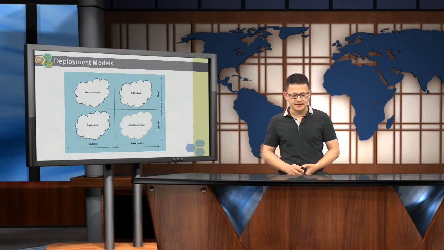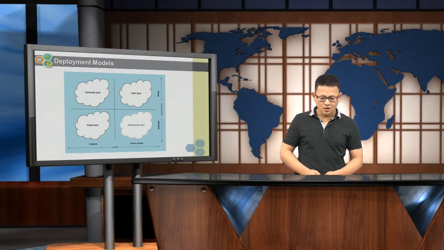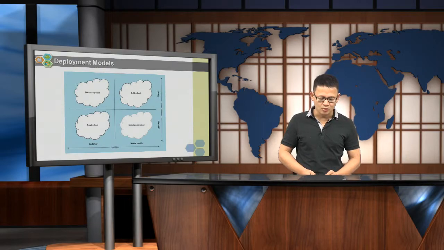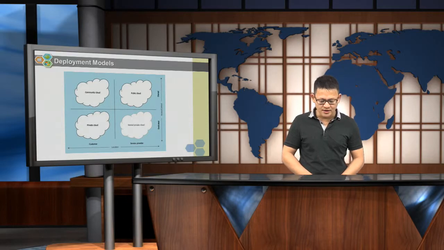So here you can see we have four kinds of deployment models. We have community cloud, public cloud, private cloud, and some kind of hosted private cloud. For example, for the private cloud, the location is based on the customer location and it is dedicated.